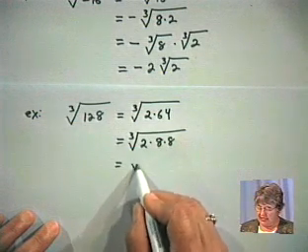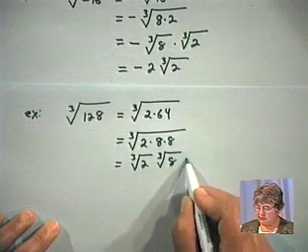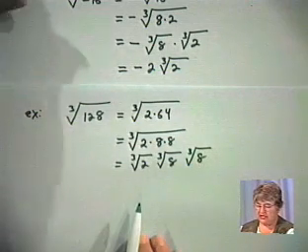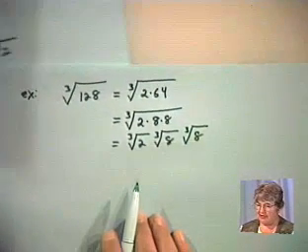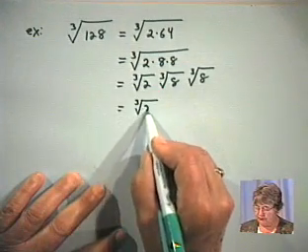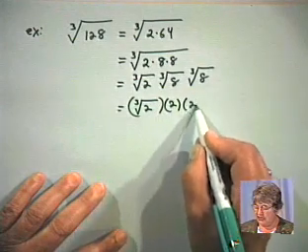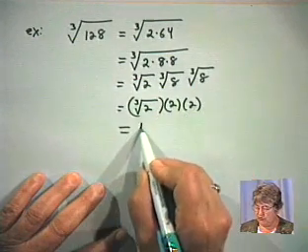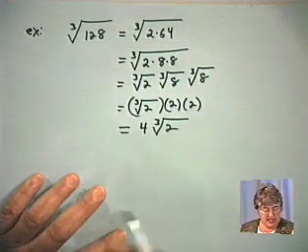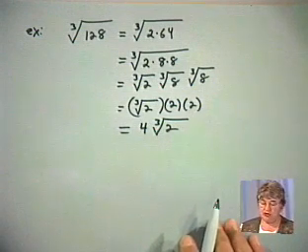Now, this is the same thing as the cubic root of 2 times the cubic root of 8 times the cubic root of 8. Or we could have said the cubic root of 64, just doing that in one step, if we had noticed that. So we keep the cubic root of 2, but the cubic root of 8 is 2, and the cubic root of 8 is 2, so finally we end up with 2 times 2 is 4 times the cubic root of 2. Taking out perfect cubes in this case because we're talking about a cubic root.